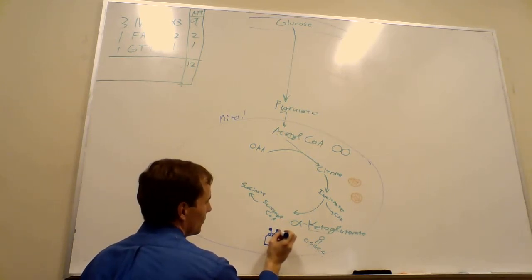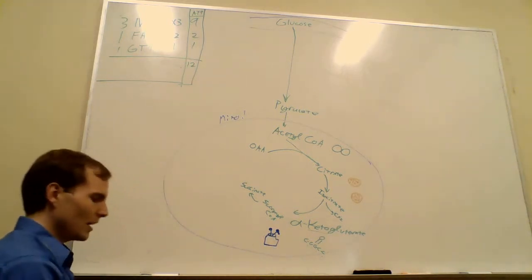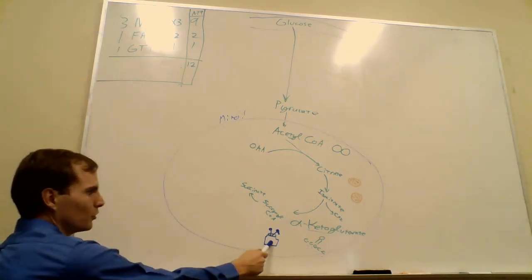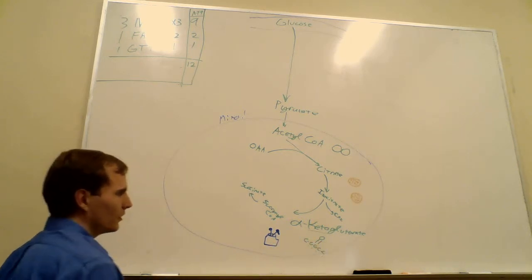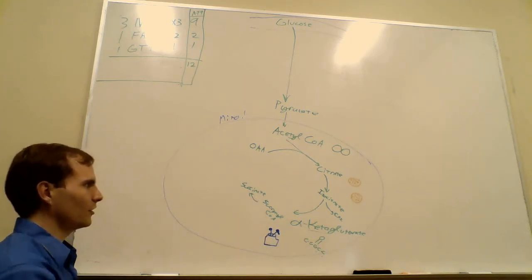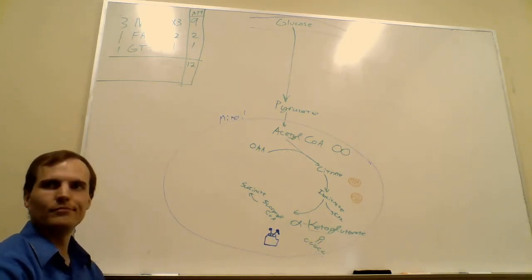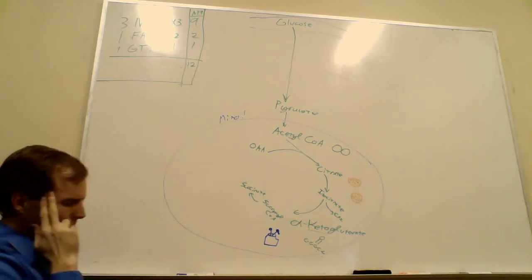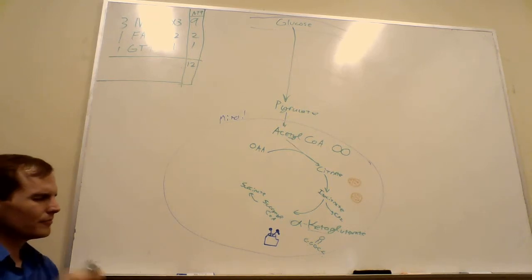And one of those suckers has a CoA stuck on the side, which is just 2 molecules, and the other one doesn't. Okay, so you got 2 oranges, and then you've got the glue jar, alpha ketoglutarate, and 2 suckers, succinyl-CoA, succinate. All right.